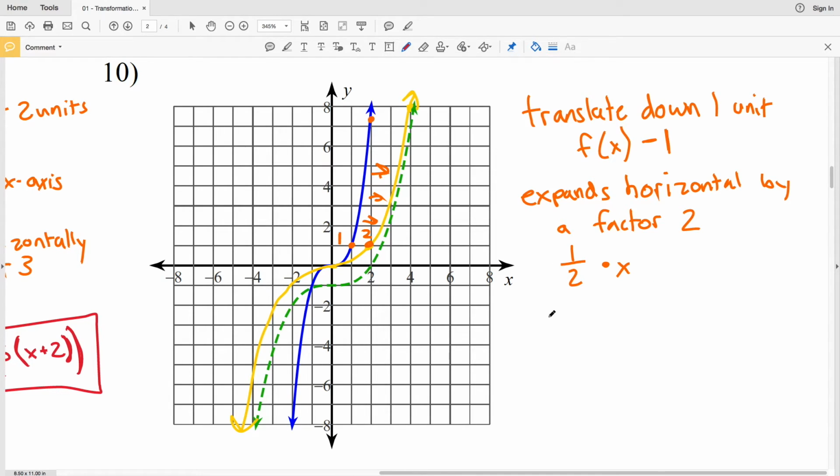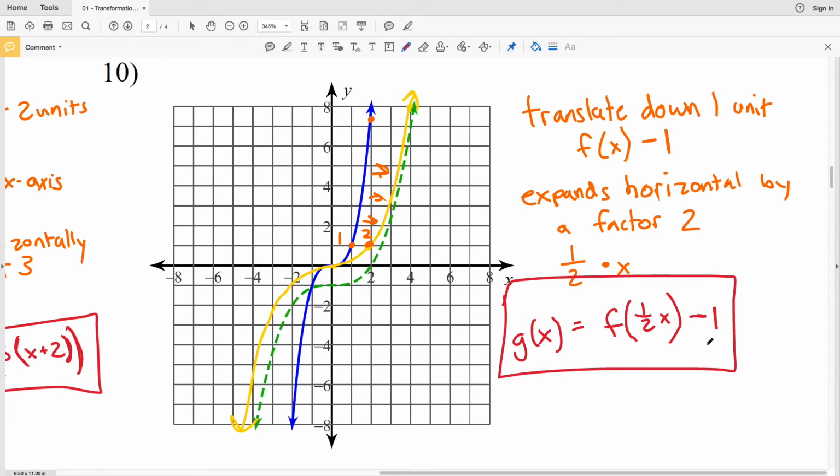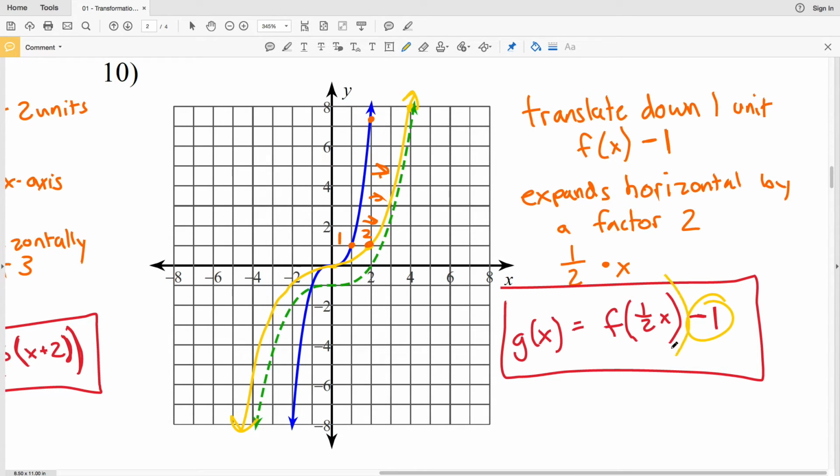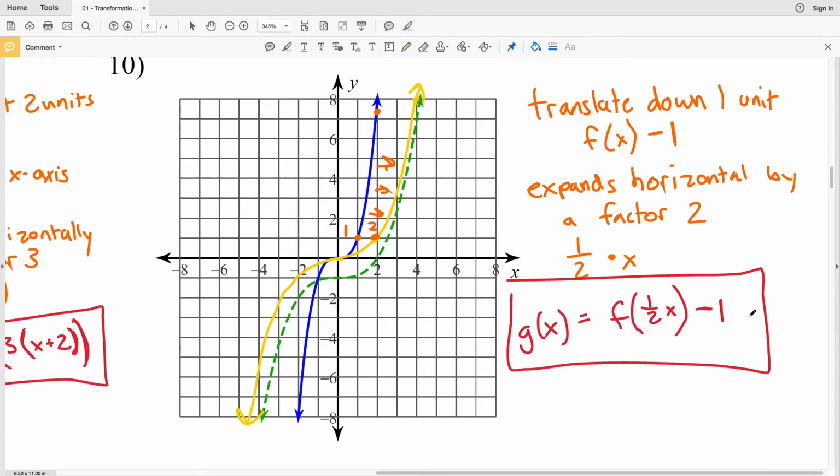So now we can write g of x in terms of f of x, where f of x becomes f of 1/2 x, and then we're subtracting 1 from that. So g of x equals f of 1/2 x minus 1. So again, the transformations that happen to the variable happen within the function parentheses, and the transformations that happen to the function happen outside. Let's move on to number 11.